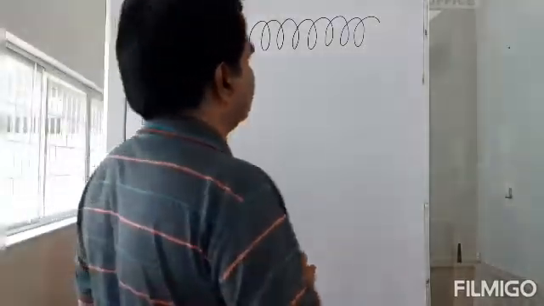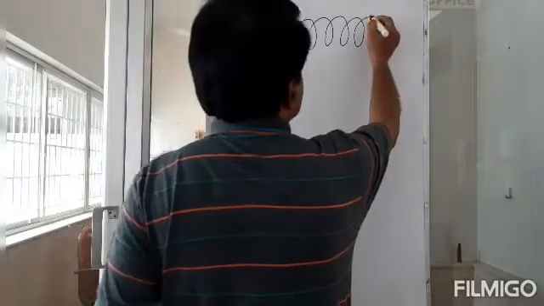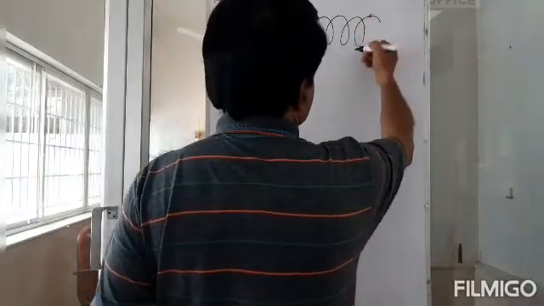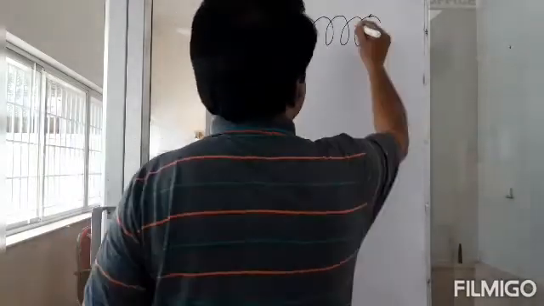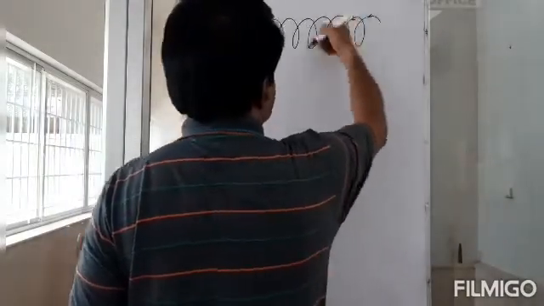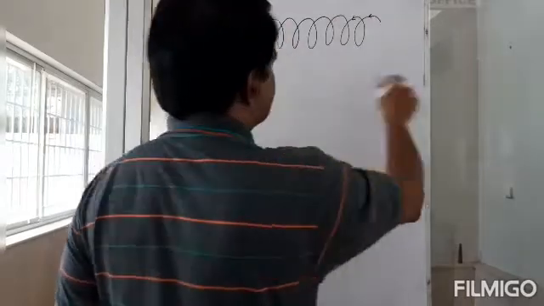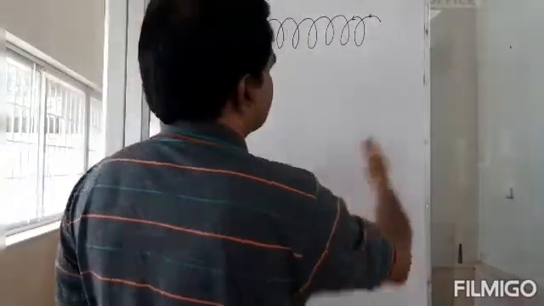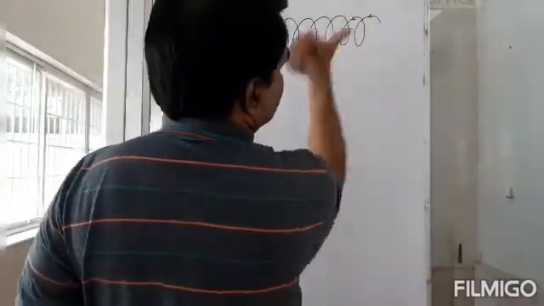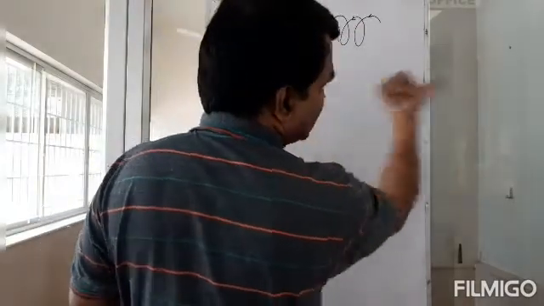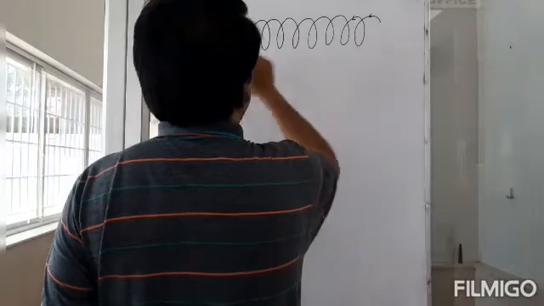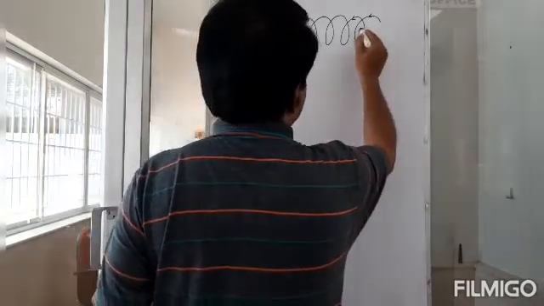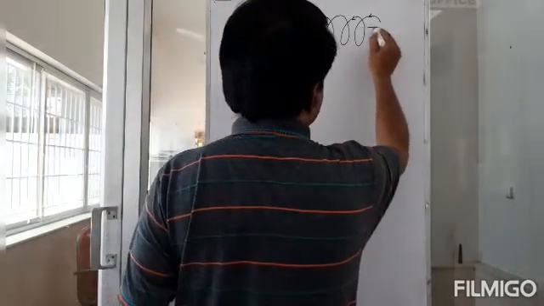For example, suppose the current enters here, comes like this, makes this circle and then goes like this, and if it leaves here, then clearly you can see that I can expect B to be in this direction. So B inside the solenoid can be in this direction.